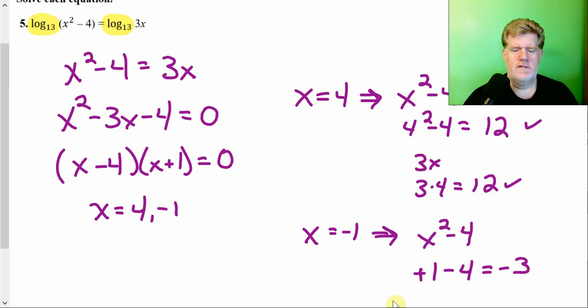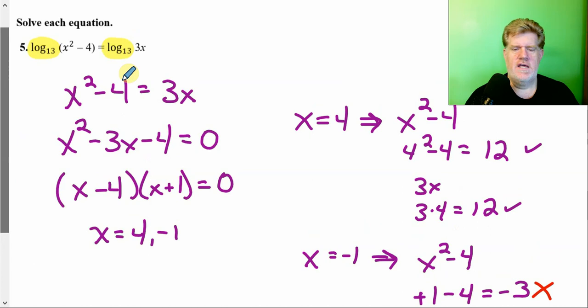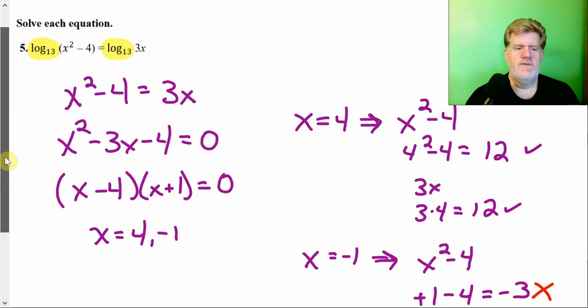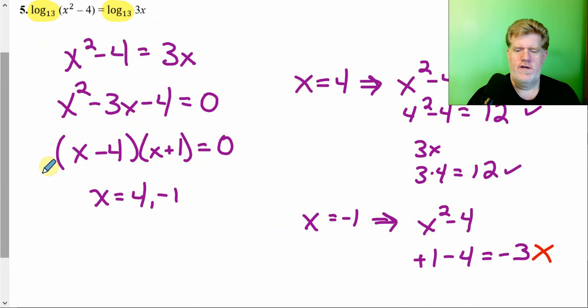That's not good, because I can't take the log of negative 3. It won't work, for that same reason we talked about in the beginning of the video: you can never get an exponent that gives you an answer that's negative or 0. So I know this doesn't work.